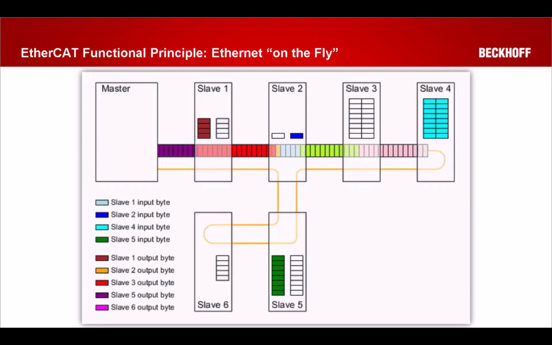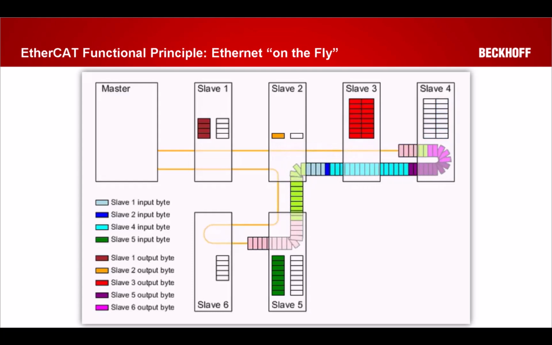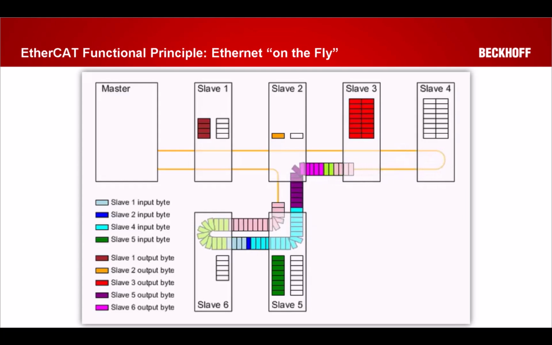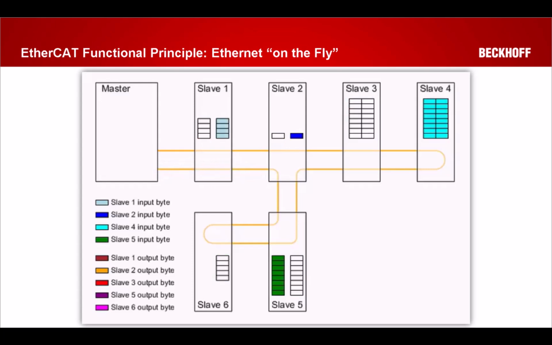Sending a telegram that passes through each node, each EtherCAT slave device reads the data addressed to it on the fly and inserts its data in the frame as the frame is moving downstream. It is delayed only by hardware propagation delay times. The high efficiency of the EtherCAT fieldbus makes it not only a well-suited measurement bus, but an already broadly adopted fieldbus technology for other vendors in the measurement space as well.